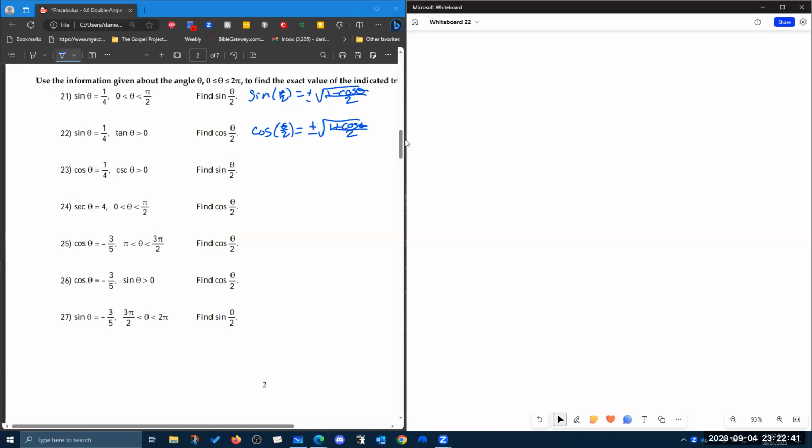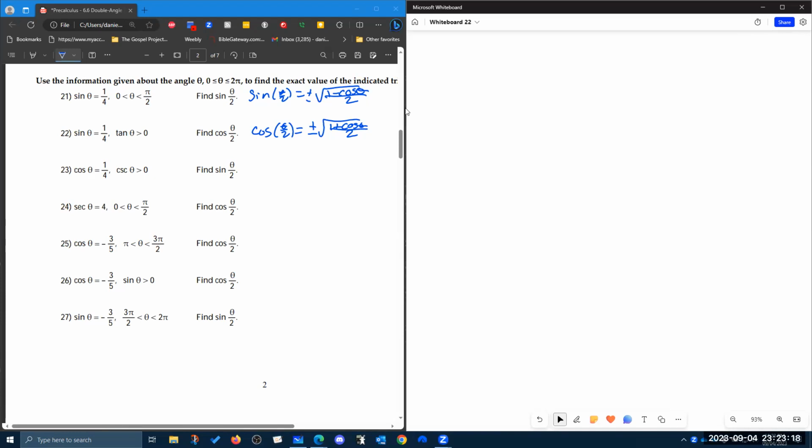We haven't gone over them yet, but you can see that sine of theta over 2 would be equal to the root of 1 minus cosine of 2 theta over 2, because sine squared theta is equal to 1 minus cosine 2 theta over 2, and cosine squared theta is 1 plus cosine 2 theta over 2.